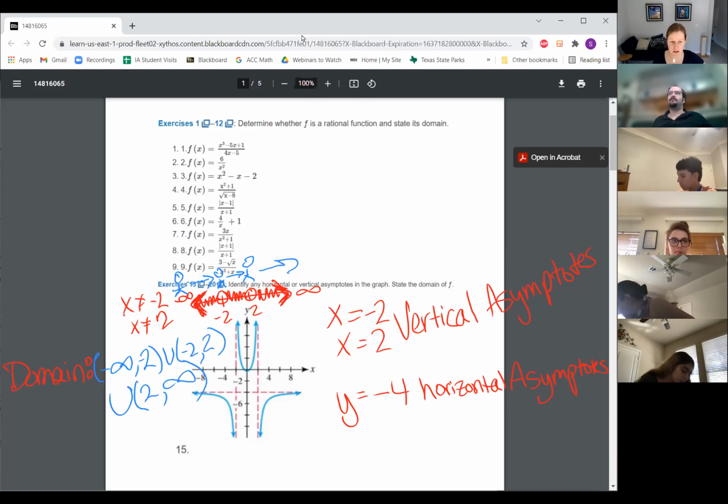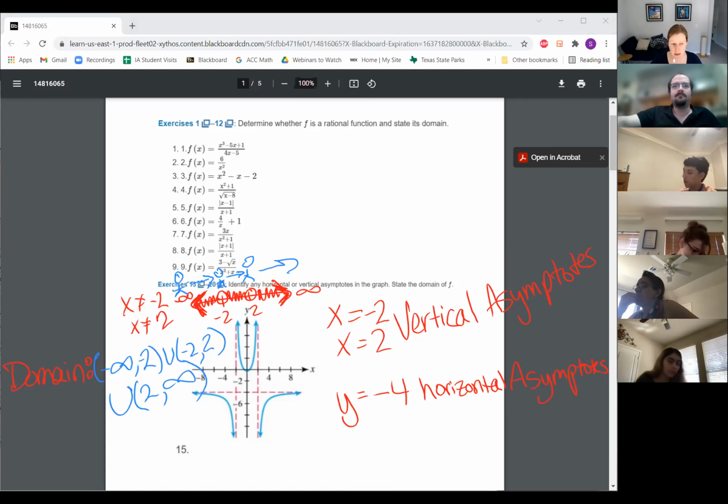Okay. All right, any questions on that one? I know a lot of y'all didn't get to this problem, so did you have questions on that? Why is the domain different on this one? Oh, there's 3 pieces? Yeah, because we have more places that X can't be.